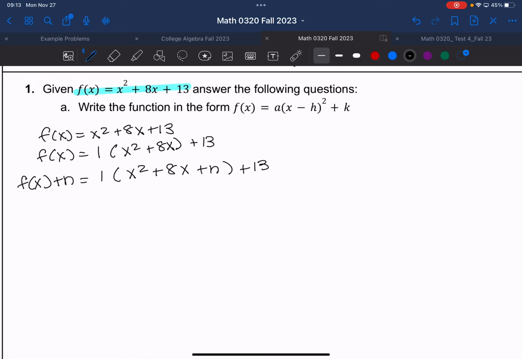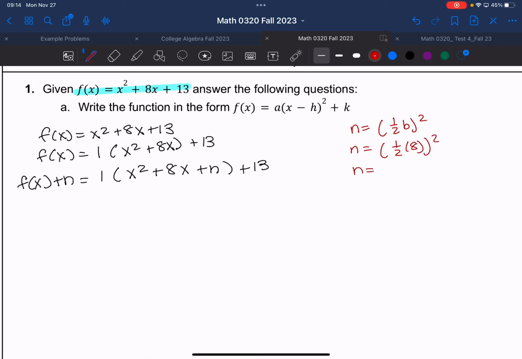The formula for that n, we just went over that, is 1/2 b squared. So n is equal to 1/2, what's our b value? 8, squared.